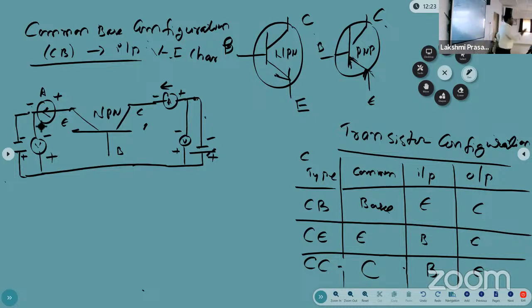That is the complete circuit diagram to get the VI characteristics of the common base configuration. We are not connecting resistors here, but generally, if you want to connect it practically, you can draw one resistor here and here. Wherever supply is there, immediately you can connect the resistor. Simply. Okay.